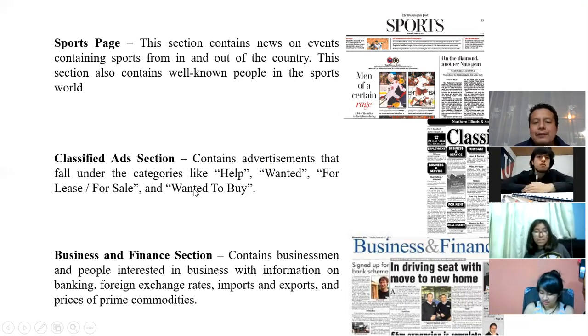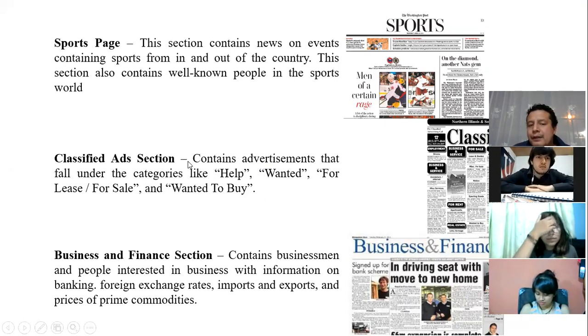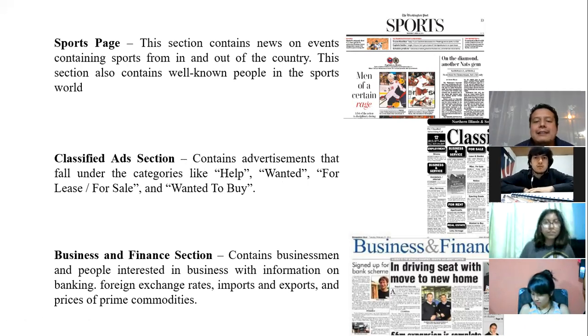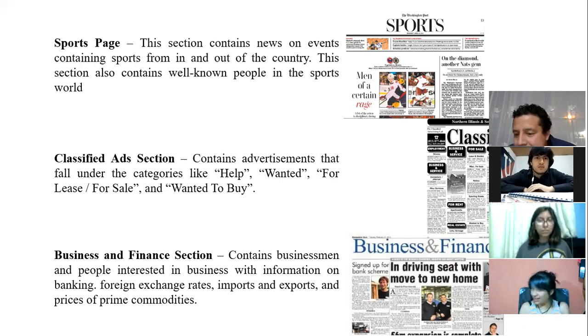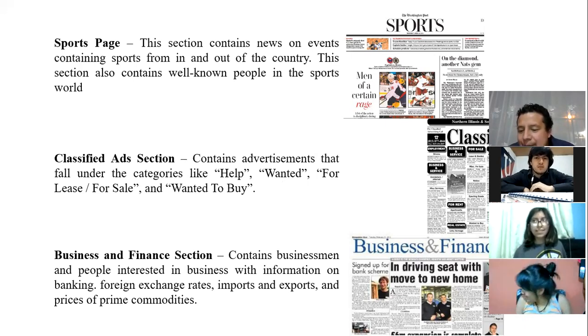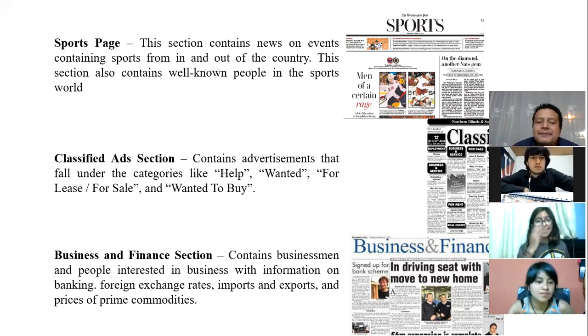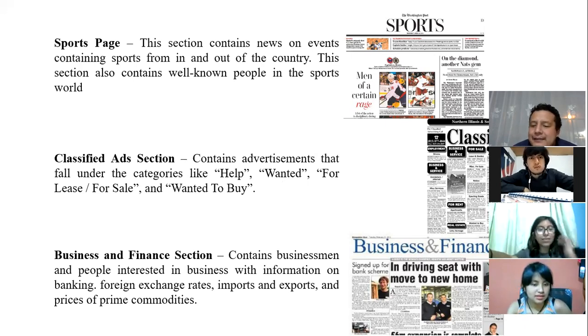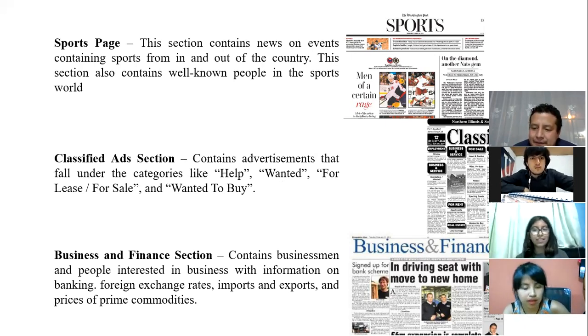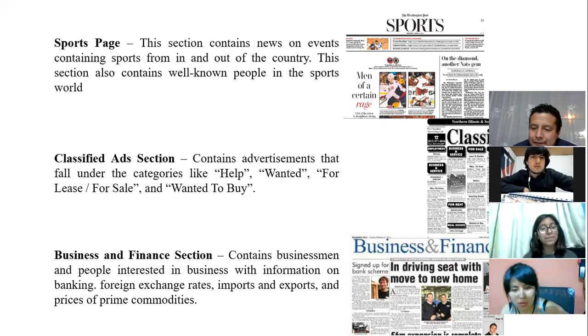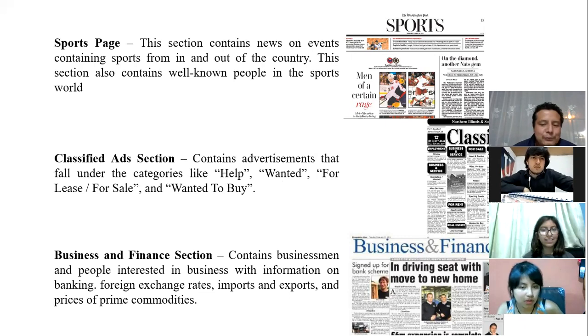What is the meaning of advertisement? Who knows the meaning of ads or advertisement? Sarai, maybe do you know the meaning of ad or advertisements? No? You don't know?